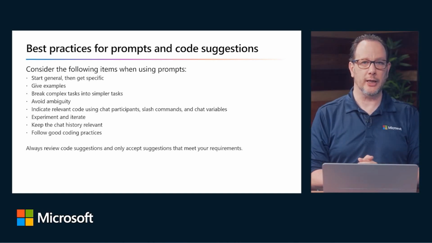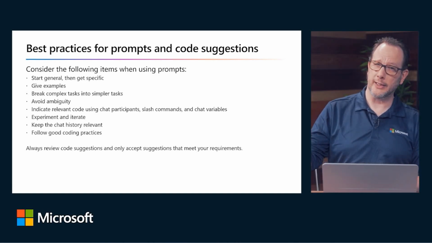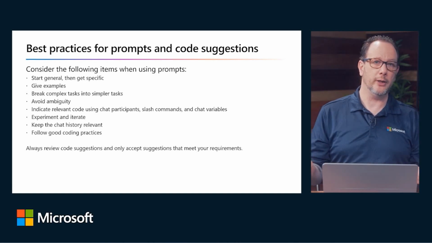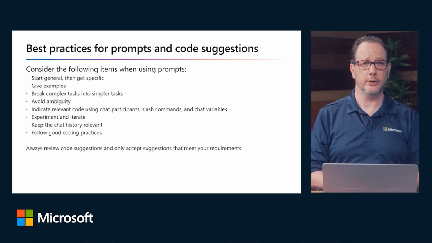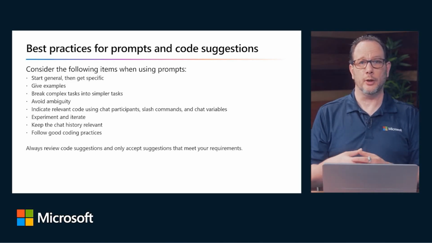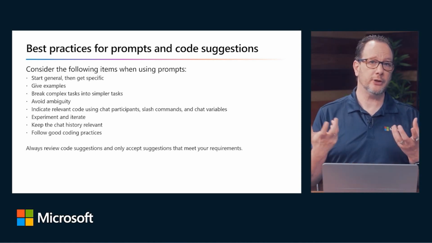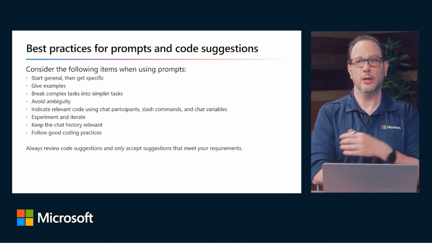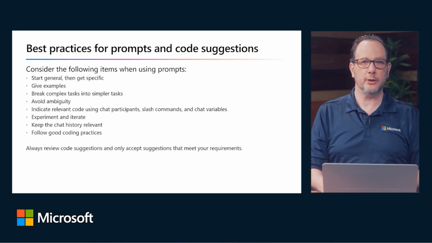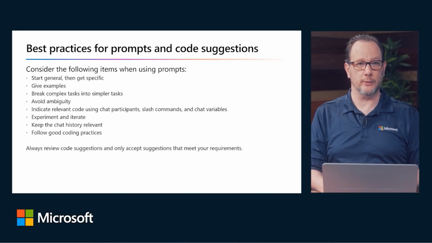Can you use this as an example to help me create the next method, create a class, create a constructor, and anything else? Break up a complex task into a series of smaller tasks. Because again, the more specific you can go, typically the more accurate your suggestions will be as well.